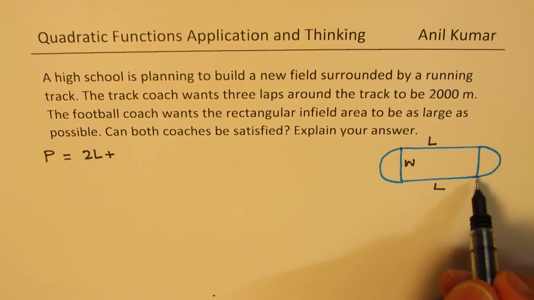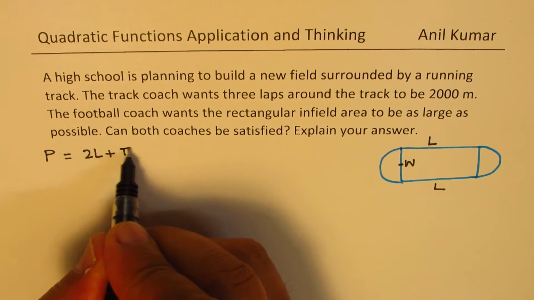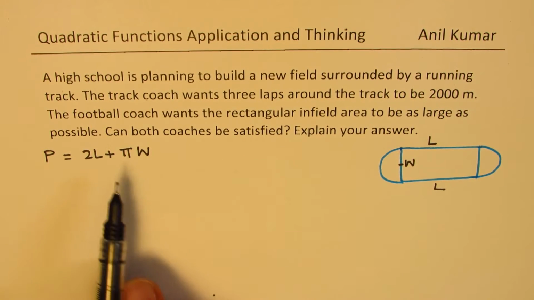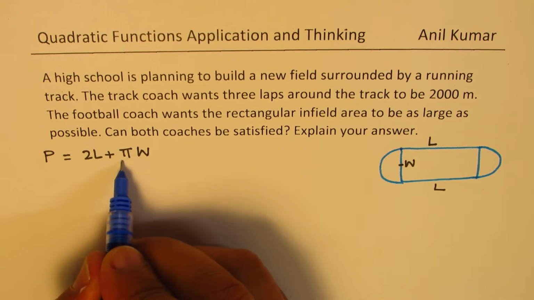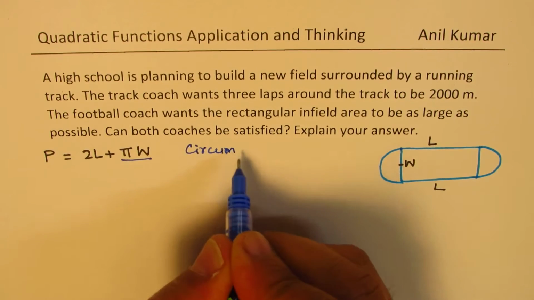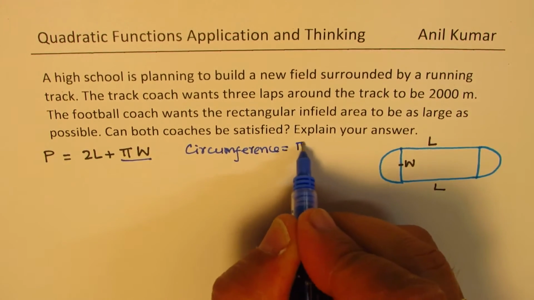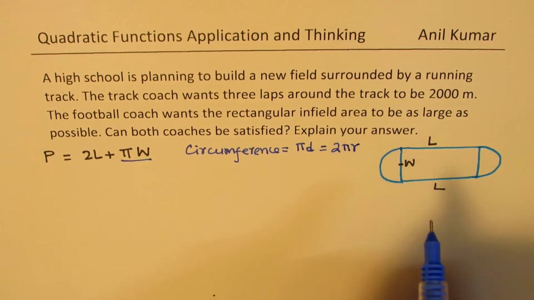1 circle. So pi times d. The diameter here is the width, so it becomes pi times w. So that is what the circumference of the circle will be. The formula used for this part is circumference is pi times diameter, or you normally write 2 pi r, correct?